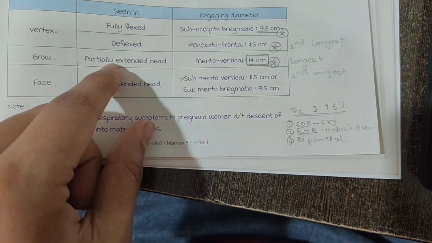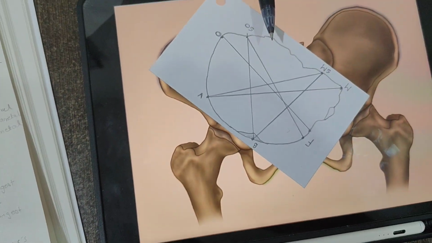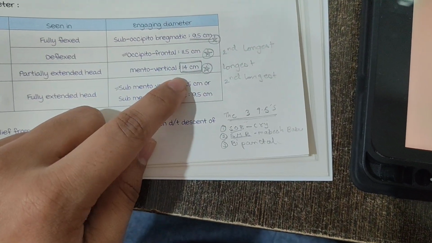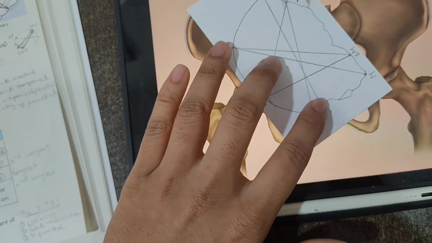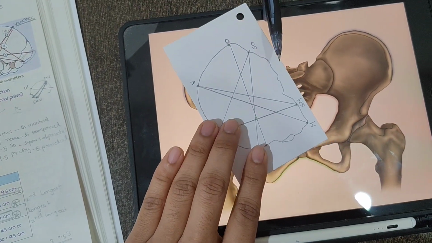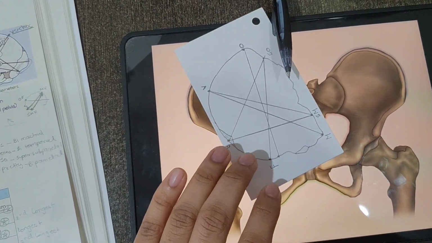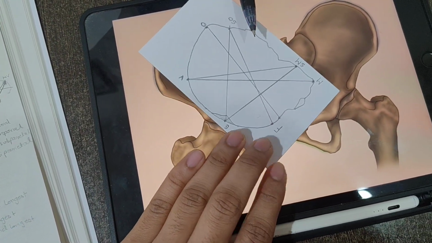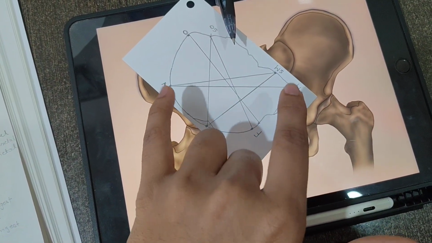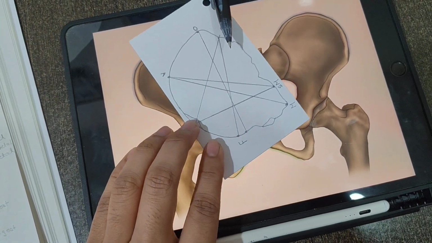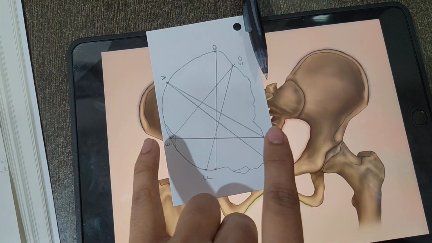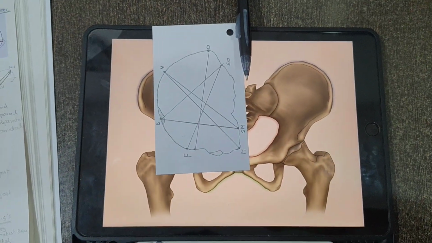Same is mentioned here. In a partially extended neck, it's slightly looking up, not completely looking up. The mento-vertical diameter, 14 centimeters, is the longest. And then again, the fetus completely extends its neck and you get the face. In face presentation, the first one would be, just think about it, submento-vertical, right? So it's here. And if you rotate it a little bit more, the submento-bregmatic becomes the engaging diameter.